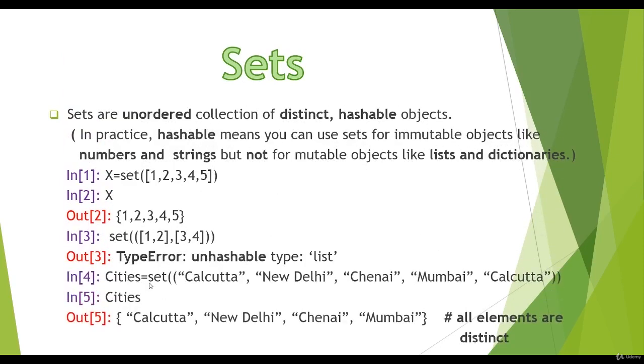In this case, here is a set where elements are different strings which are distinct. Now this string Calcutta is repeated twice. Now when we make a set, all elements become distinct, so repetition is removed.